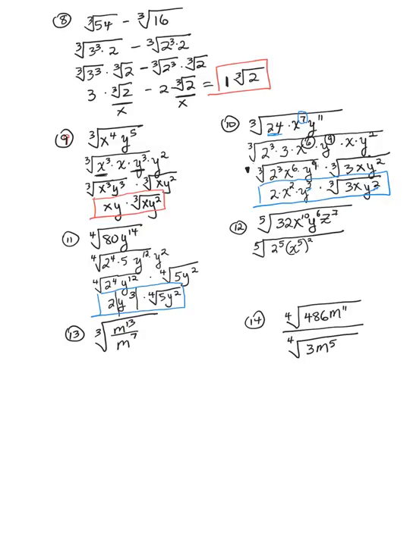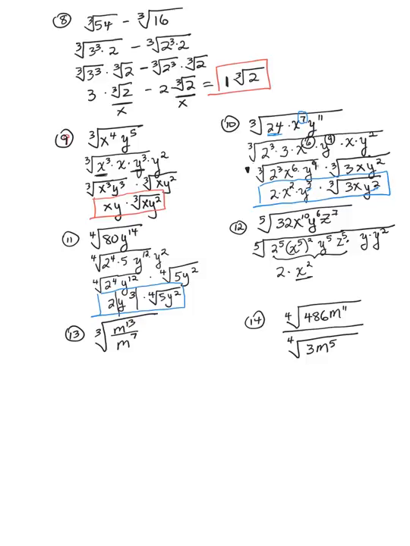And y to the 6th is y to the 5th times a y. And z to the 7th is a z to the 5th times a z squared. And I'm going to extend this radical sign here. So because these are perfect fifth roots, our answer is 2 times x squared. And you could have gotten that by using the shortcut.